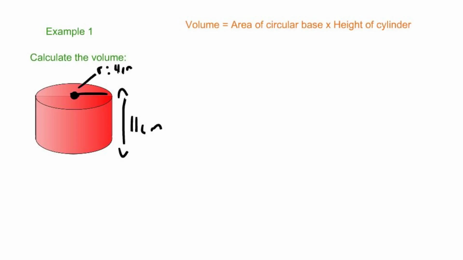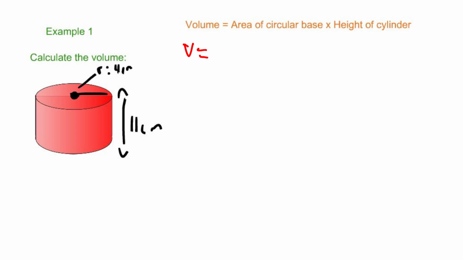Now, looking at how to find volume of a cylinder, very similar to the volume of any of the prisms, because it always starts with the area of the base multiplied by the height. So in this case, it's the area of the circular base, which is right here, and the height of our cylinder, which is right here. So really, we can start with our formula, volume equals.